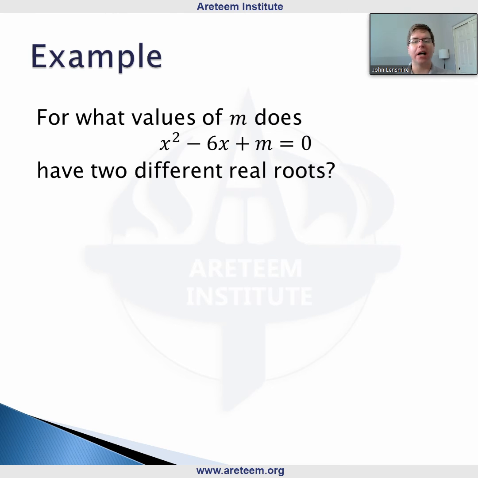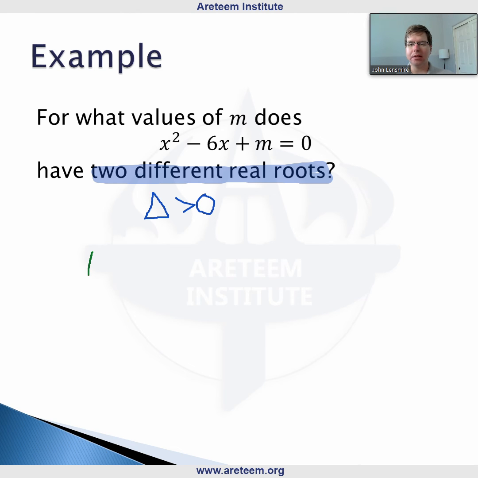Even if you tried other methods, this m is unknown, which is problematic. But this is exactly where the discriminant comes into play. We want delta to be greater than 0 in this case, because we need two different real roots.